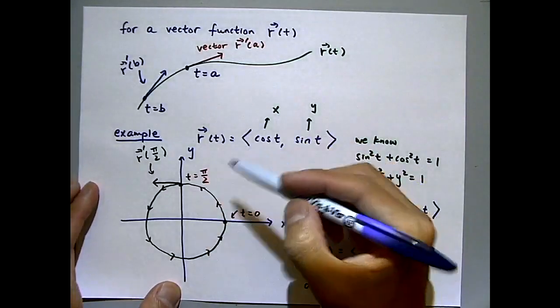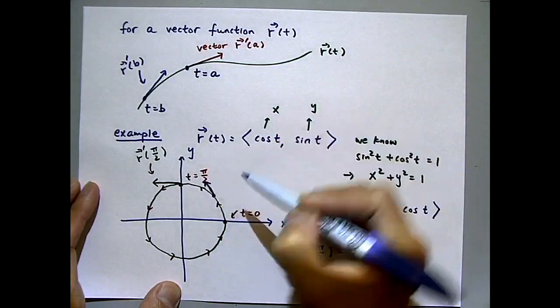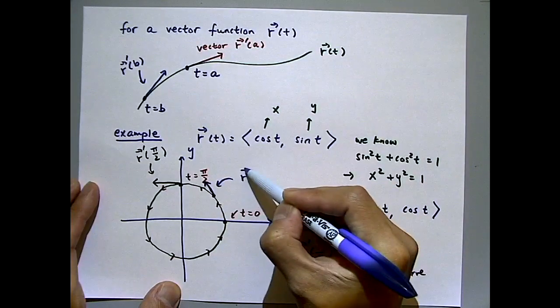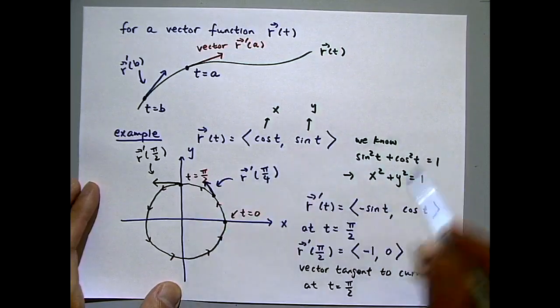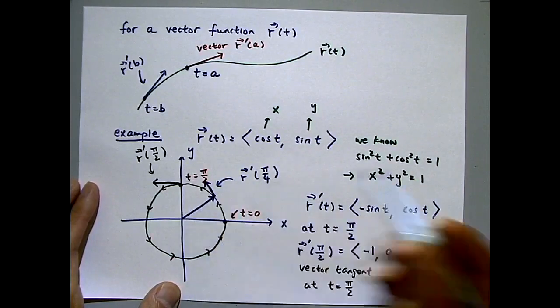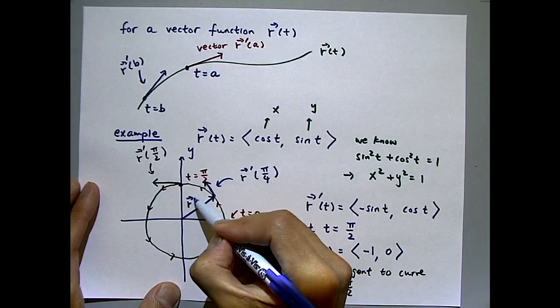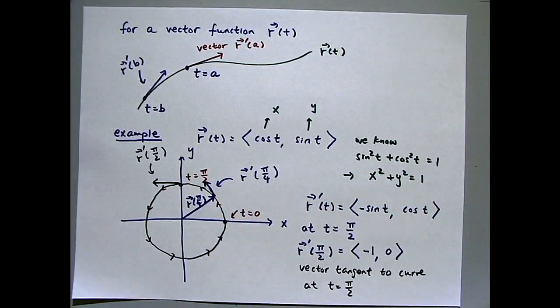And similarly, this vector right here, this would be r prime at pi over 4, right? The vector from the origin to that point, that's the position vector, r vector. r at pi over 4 is a vector from the origin to that point on the space curve.